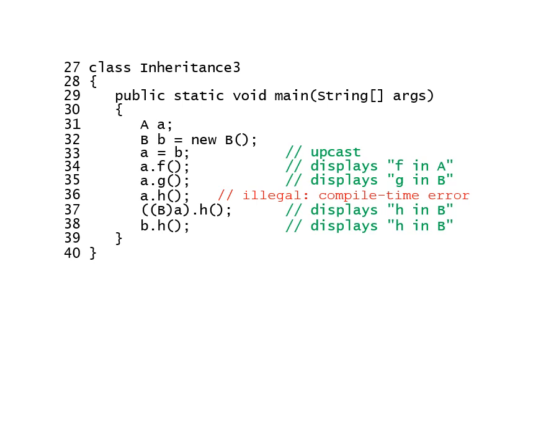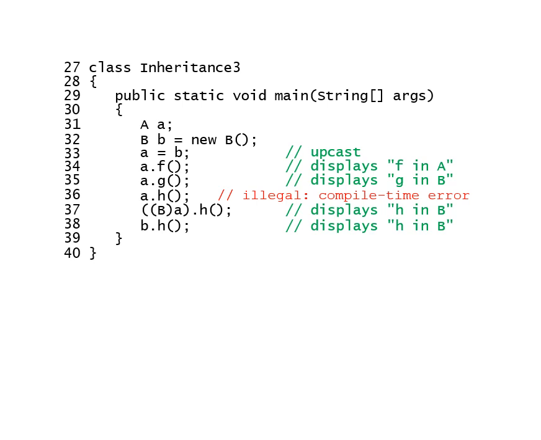Well, H is something that is in the B class, but not in the A class. So when the compiler sees that, line 36, it says, well, A is an A pointer. It's supposed to point to A objects, so an A object doesn't have any H method. So it will flag it as illegal. It doesn't realize that A is actually pointing down to a B object. It will give you a compile time error message.